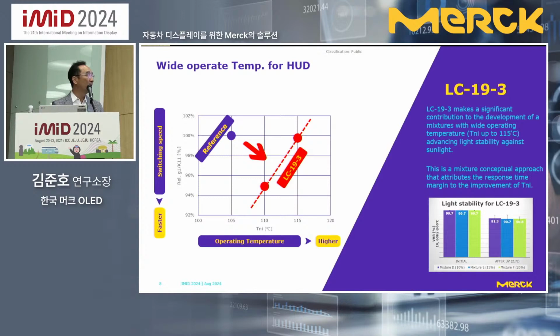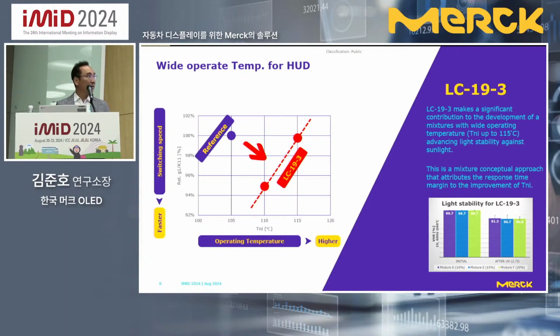Its TNI goes up to 115 degrees C. In the bar chart on your right-hand side, the mixture D having 10% of LC19-3 is already commercially used. Based on that mixture D, even if you increase the portion of LC19-3 to 15 to 20%, the stability stays the same.